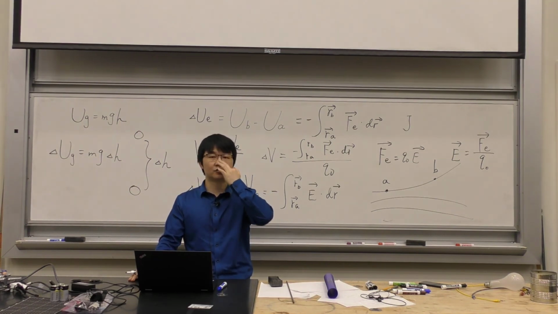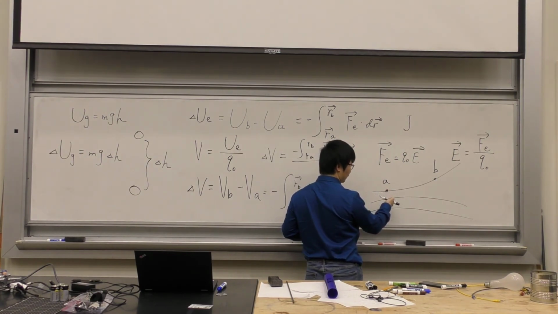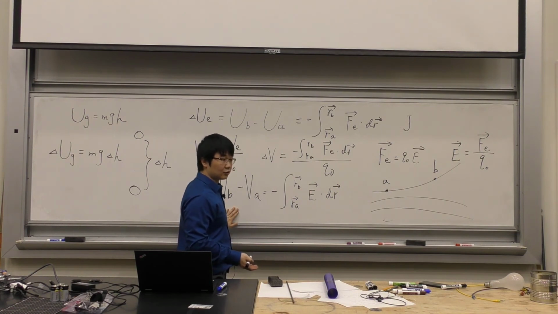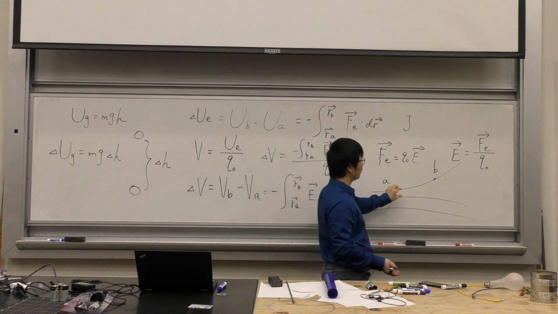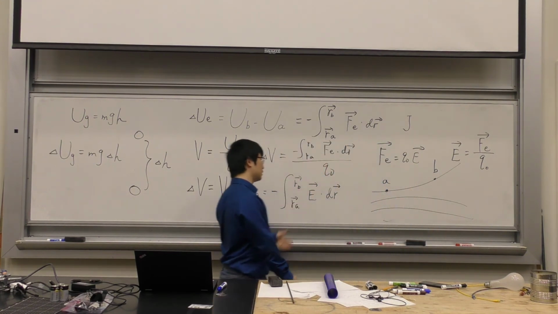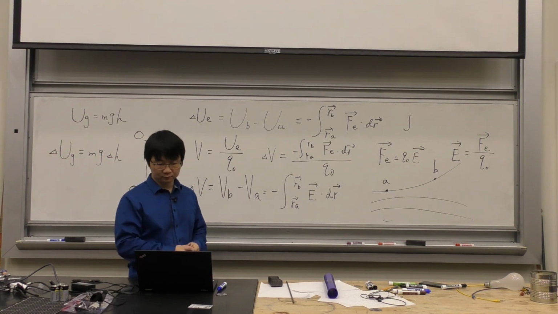You bring different charges at this point, it's going to feel a different force, right? And then the potential is pretty much like the electric field. The potential at this point is totally determined by the source charge. It has nothing to do with the test charge you're bringing, okay?